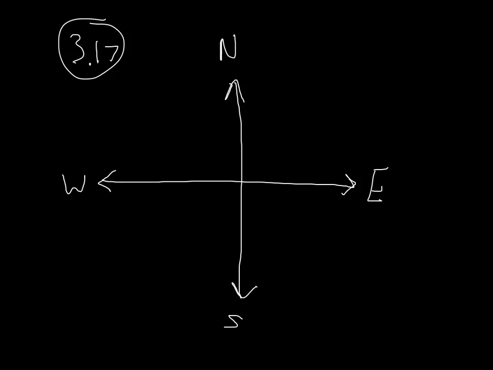Okay, and they tell us in the problem that we have a displacement vector with a magnitude of 12 in the direction 40 degrees west of north. That's the code that tells us exactly how to draw this vector, west of north at 40 degrees. The second part of that, of north, that's the direction you want to start from. I want to start from going north. So I'm going to start going up. And then I need to move west of north.